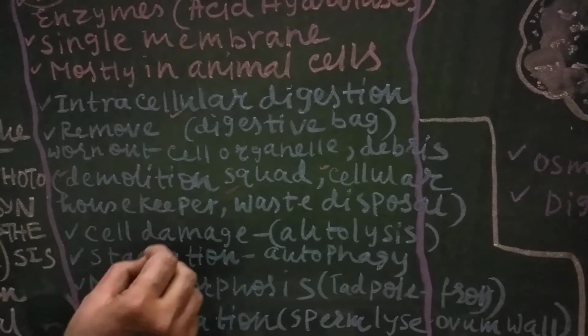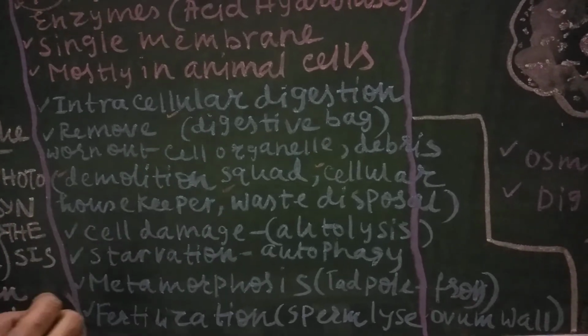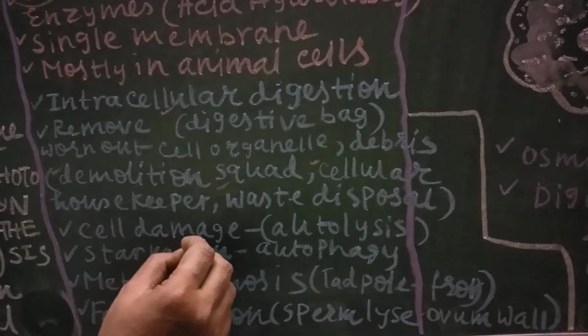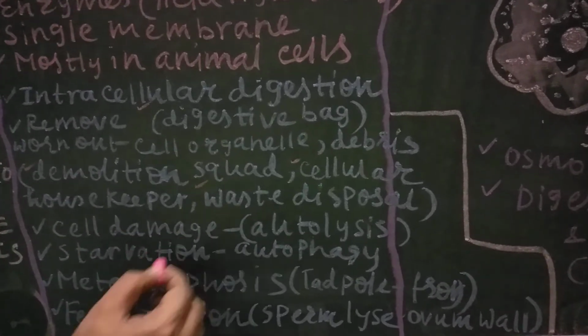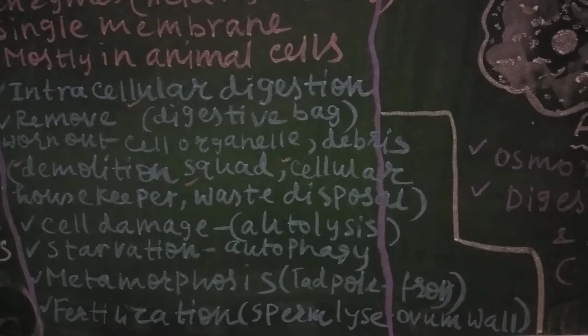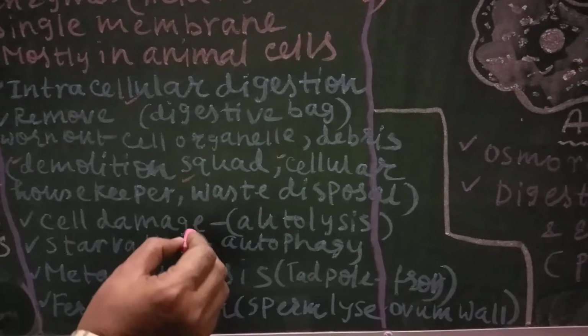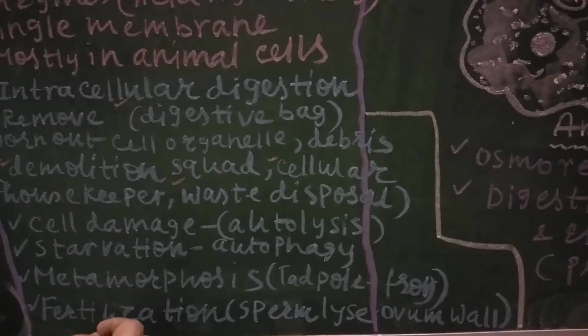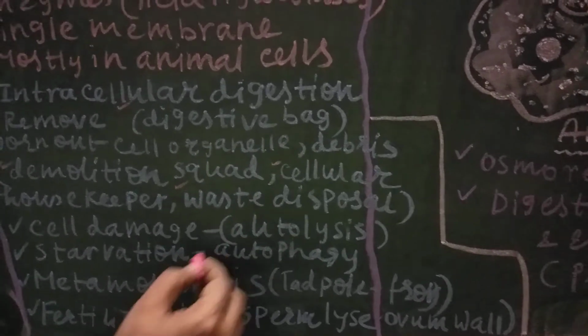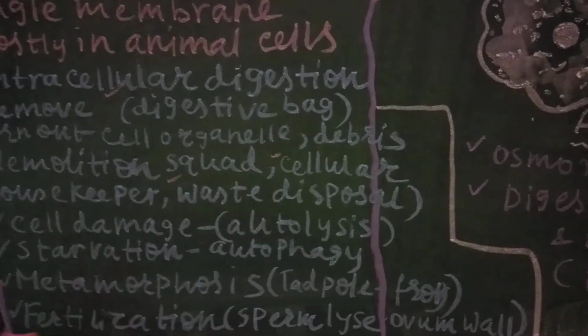When a cell is damaged or during starvation, the cell loses its function, then these lysosomes burst and release the digestive enzymes, and then they digest the whole cell. That's why lysosomes are known as suicidal bags, and this process is known as autolysis or autophagy.